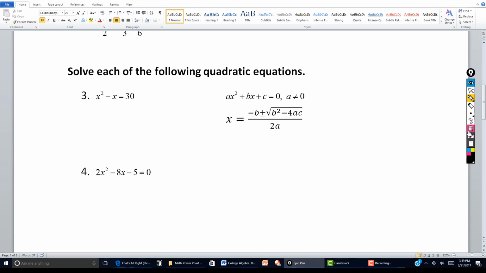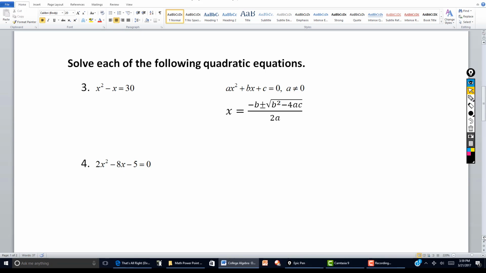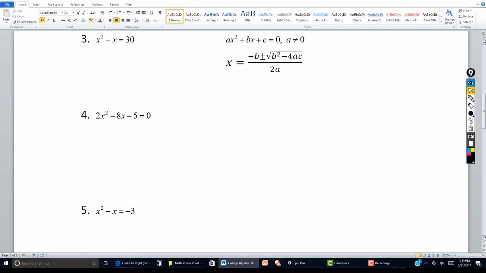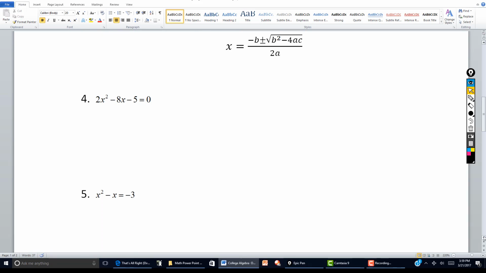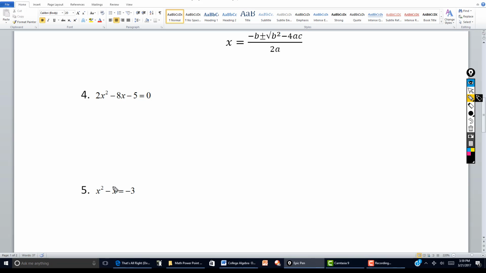Let me clear this. Let's look at the next one. Okay, this one I've got x squared minus x is equal to negative 3.